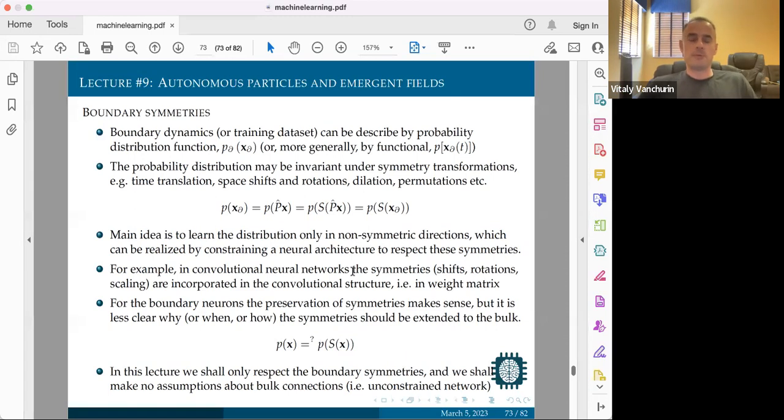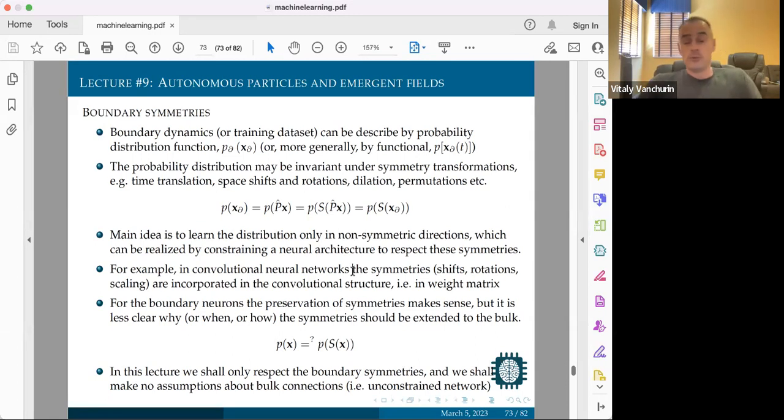For images, maybe it doesn't matter where a given object appears on the image. And so whatever you do, you should make sure that the architecture is insensitive to those shifts. However, this doesn't apply to all neurons, because your training data set only tells you that the boundary neurons, the image, have the shift and rotation symmetry, and there is no need to have the symmetry respected as you go into the bulk.